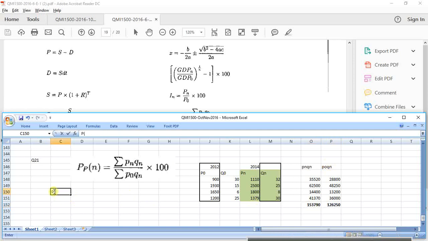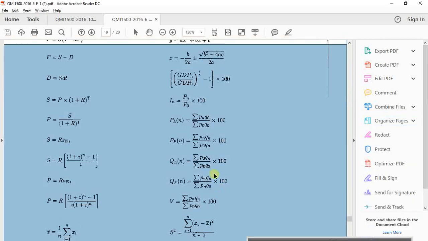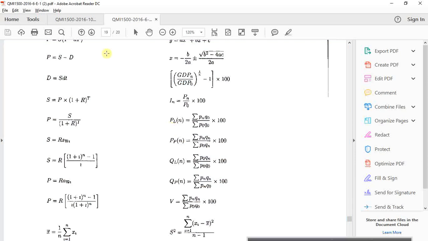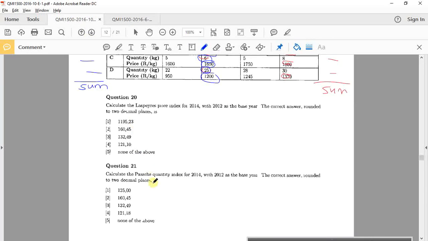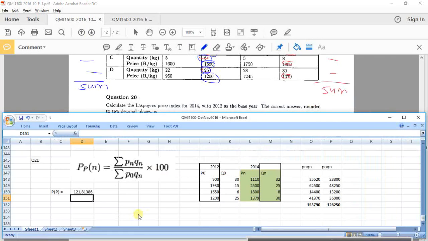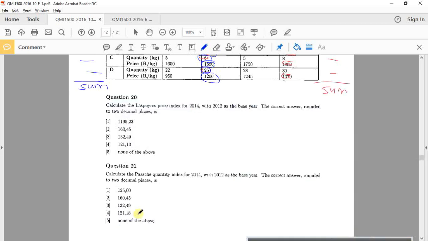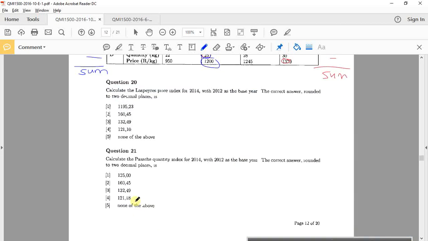So PP is this divided by that times 100. Okay, 2181. 2118, sorry, not 81. Oh, it's 81. It is 81. Okay, there might have been a typo in the question then.